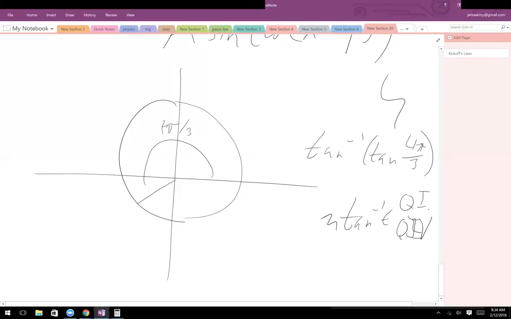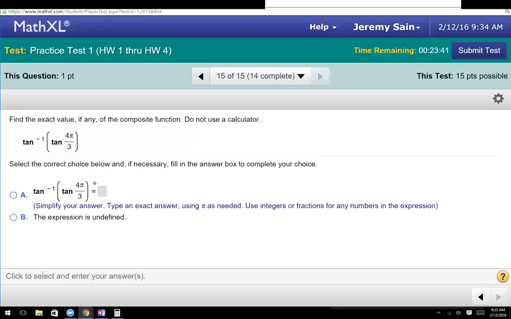So we're looking for an angle in either quadrant 1 or quadrant 4 whose slope is the same as the slope of that line. If I just extend it out to quadrant 1, this is pi from here to here, so 4 pi over 3 minus pi is pi over 3. That's the answer.